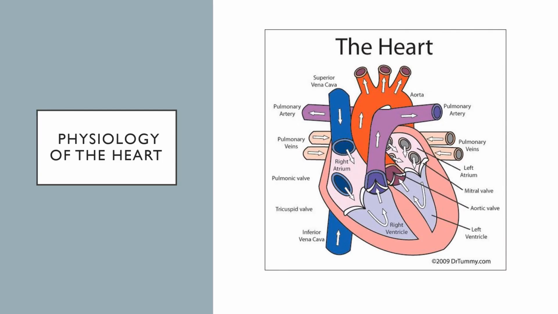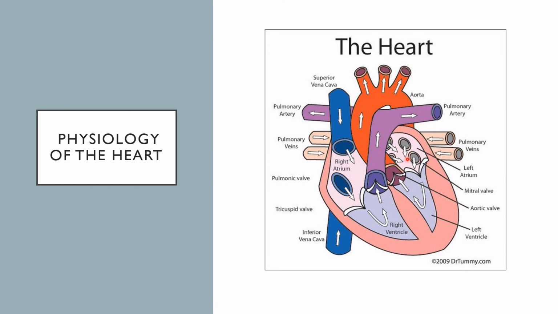Now, the physiology of the heart. The blood coming back from the lungs comes through the pulmonary veins, and the blood is oxygenated. Our lungs saturate blood with oxygen as it passes through them. And the blood from the pulmonary vein drains into the left atrium.